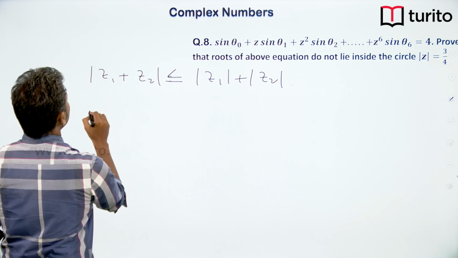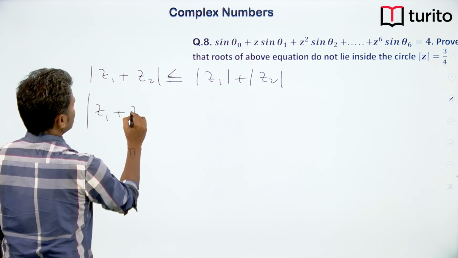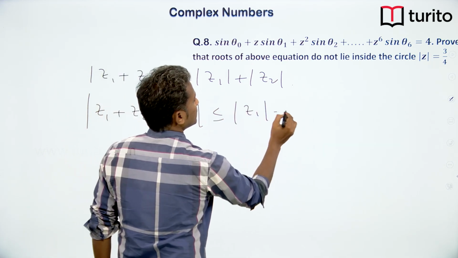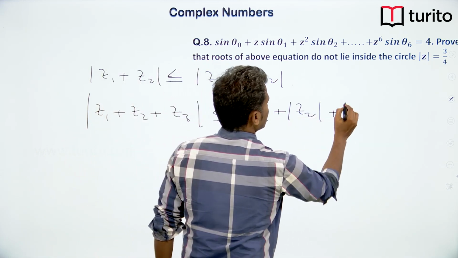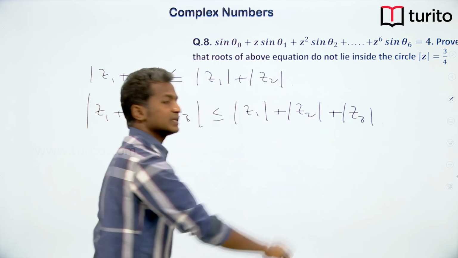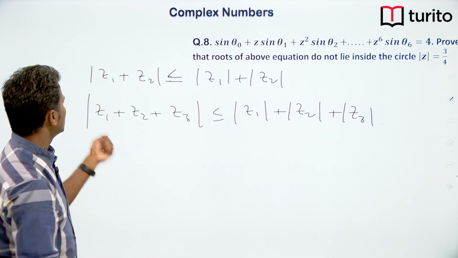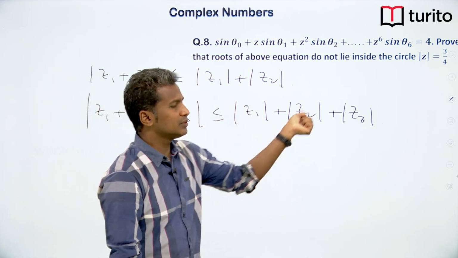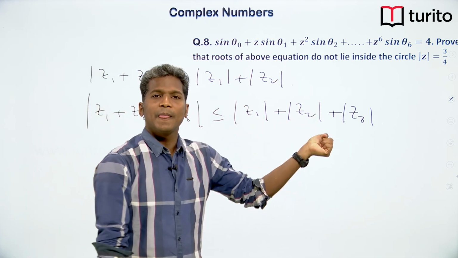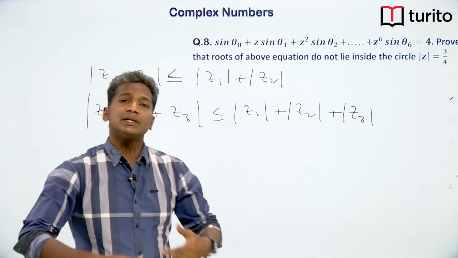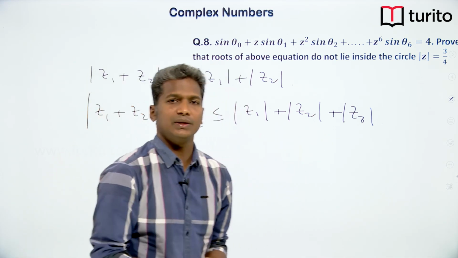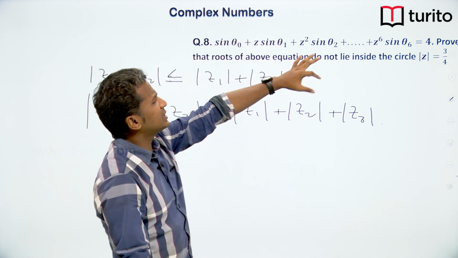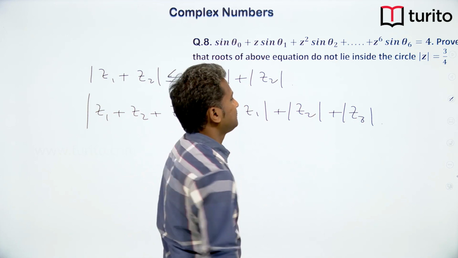If we extend this to n terms, we can write it as mod of z1 plus z2 plus z3 is less than or equal to mod z1 plus mod z2 plus mod z3. These are individual. Not just 3 terms, you can also extend this for n terms. So, this question is based on extending this for n terms.